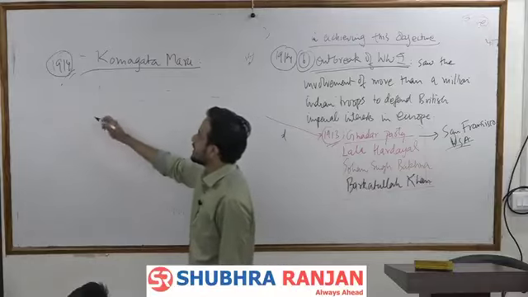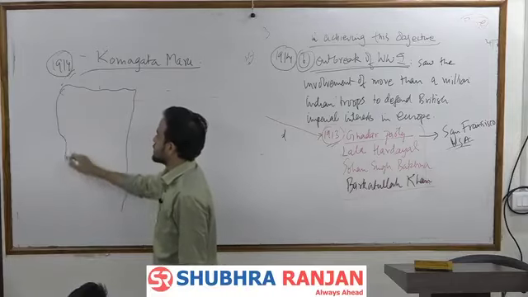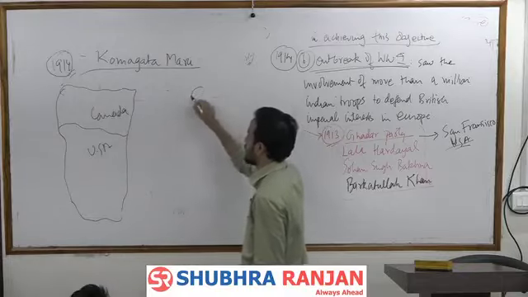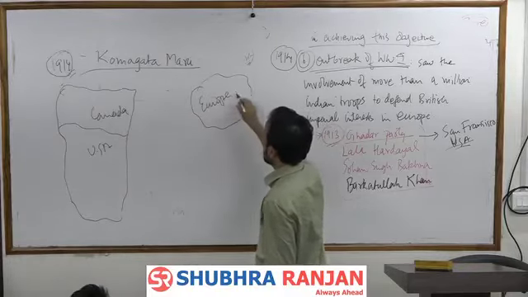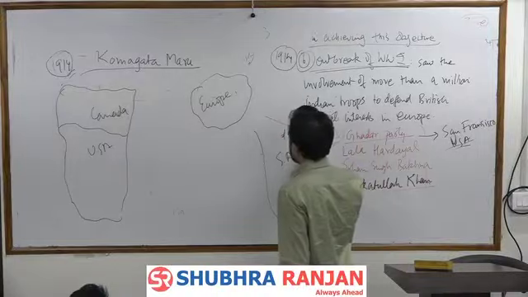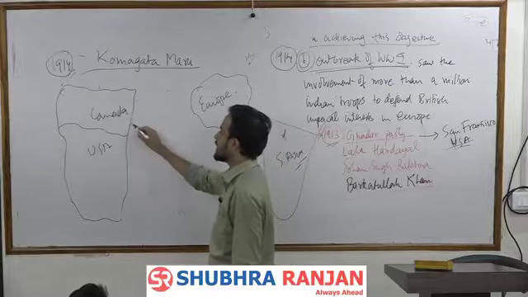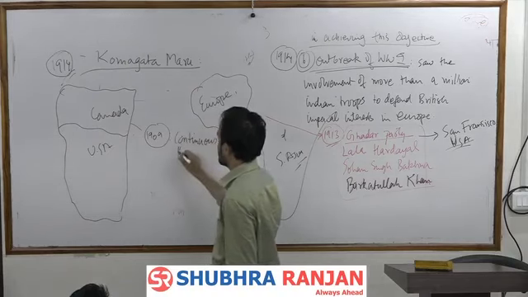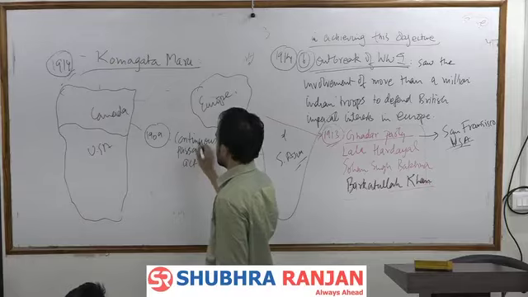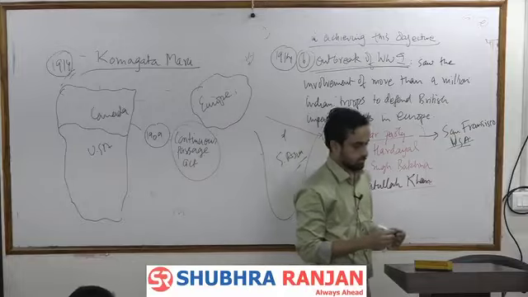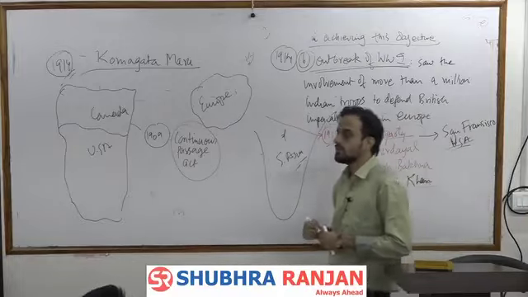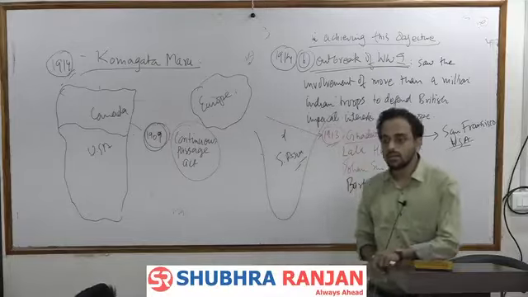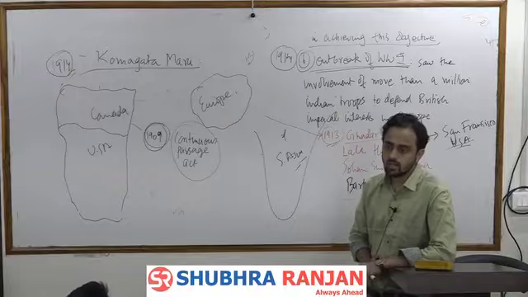Just understand this: the Canadian government from 1909 onwards had introduced an act, the Continuous Passage Act. What was this Continuous Passage Act? It was introduced by the Canadian government in 1909 and implemented after it.